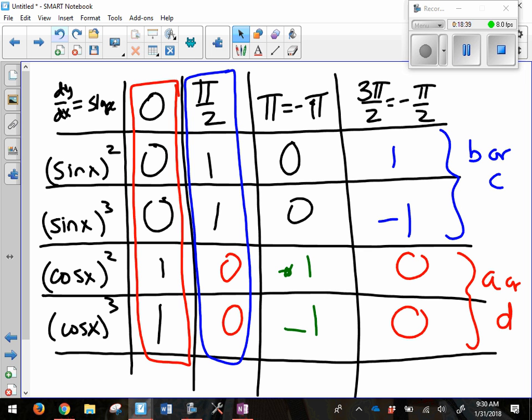Negative slope. Okay, so for instance, if we look at the sine x cubed, the slope on the right side of the origin is positive, but the slope on the left side is negative. So if you look at B and C, which one has a positive slope on the right and a negative slope on the left?